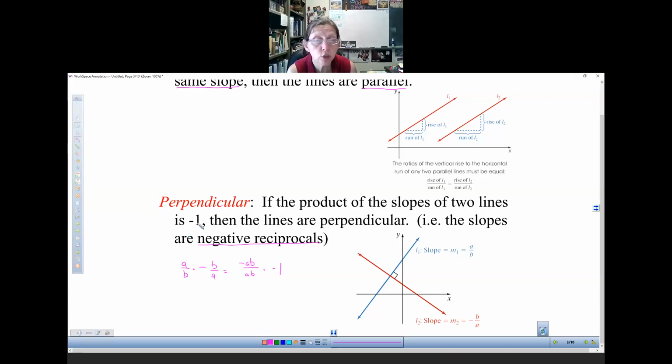If you simply want to remember that the slopes are negative reciprocals, that's amazing also. But I do need you to know that algebra relationship between parallel lines and two lines which are perpendicular. So parallel lines have the same slope. Perpendicular lines, their slopes are negative reciprocals, or the product of their slopes is -1. So big deals there. Okay? All right. Questions?